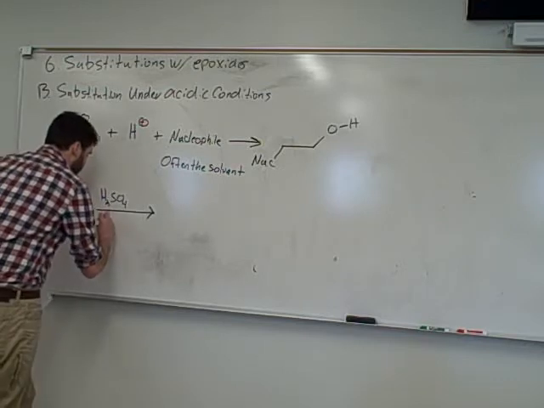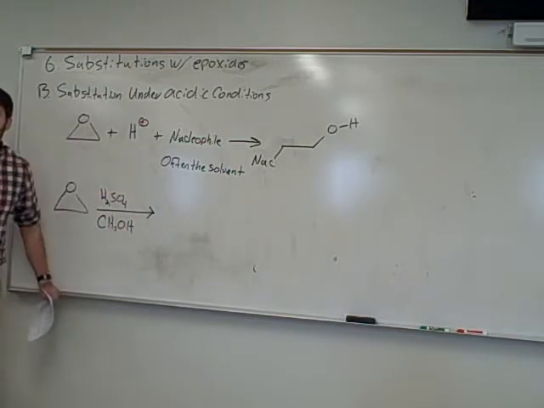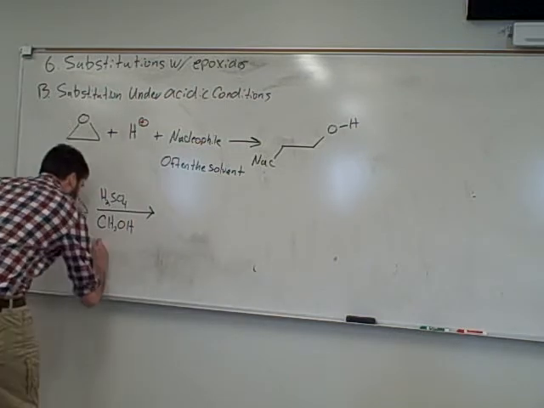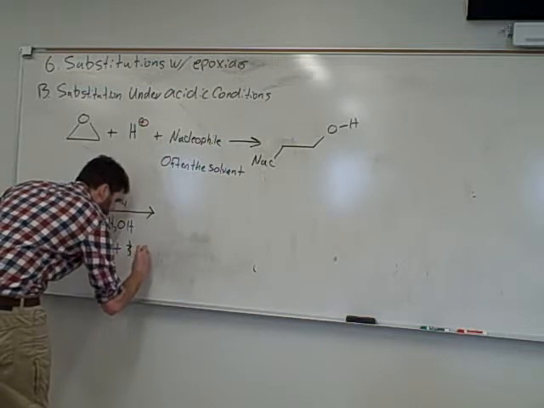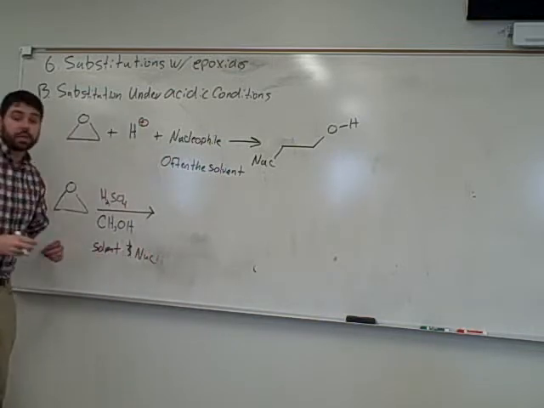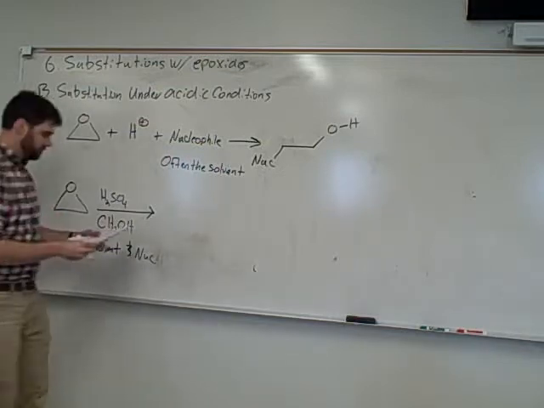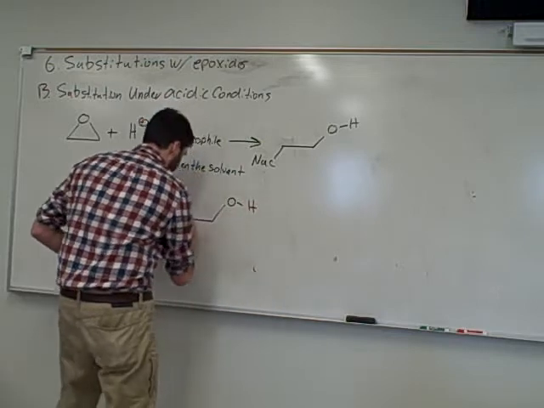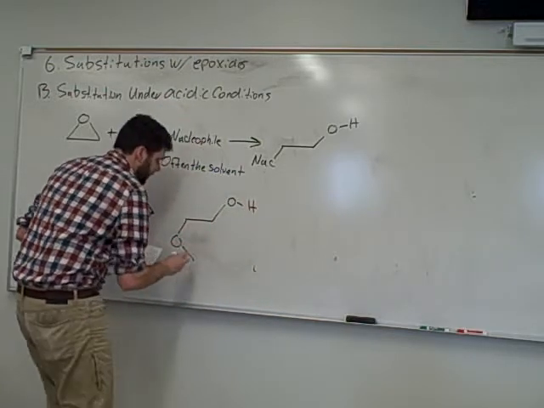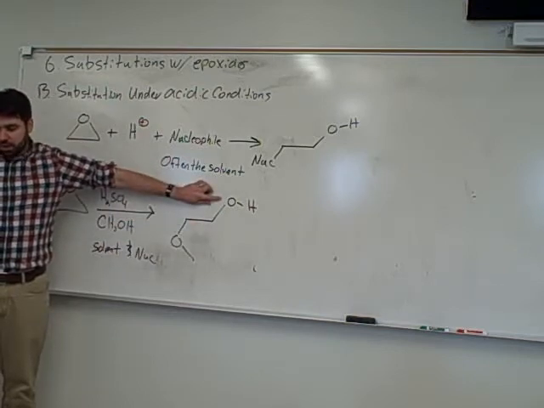And we'll then use methanol as both our solvent and our nucleophile. What this will allow us to do is to create a new carbon-oxygen bond as well as crack open our 3-membered epoxide ring, giving us the alcohol here.